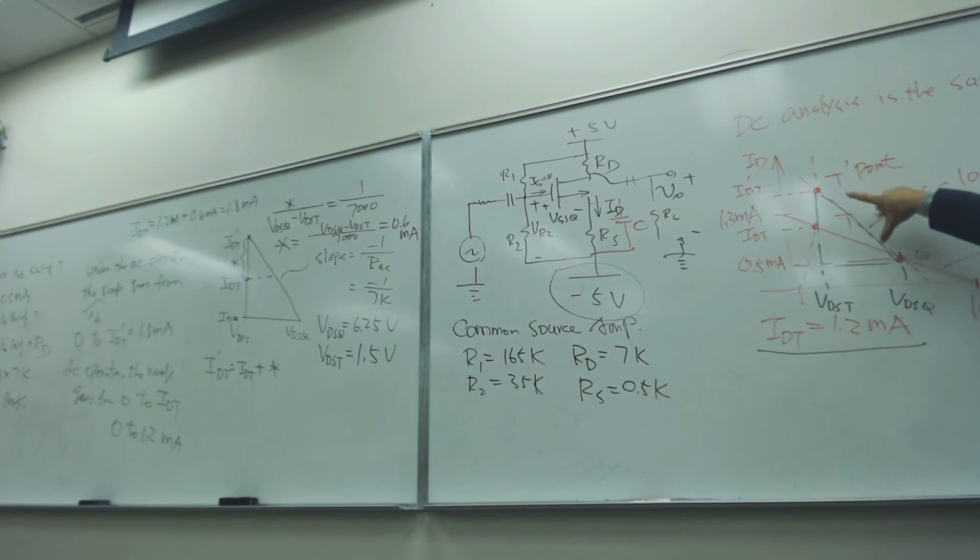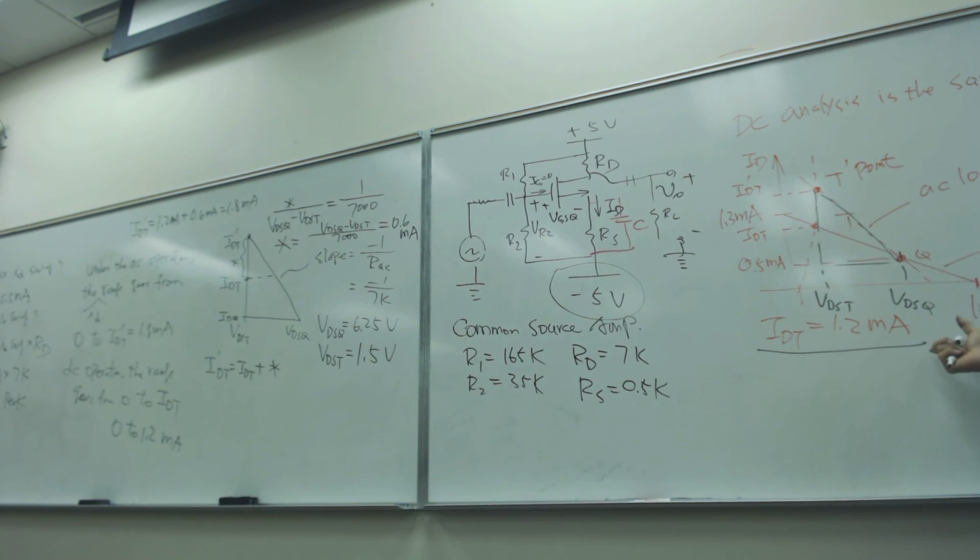It doesn't matter how much you increase on the top, you get the same swing. Understand that? Unless I can move up the Q point to somewhere here, then this increase would be beneficial.